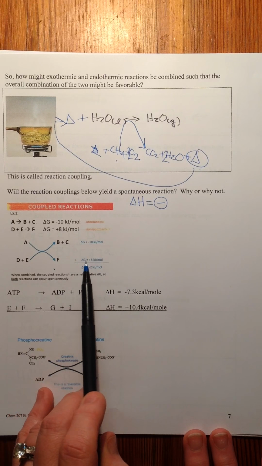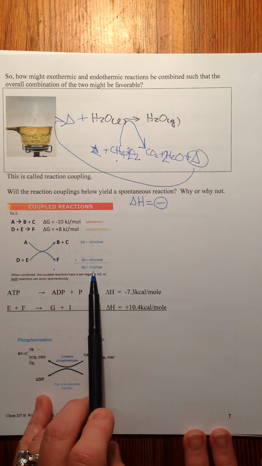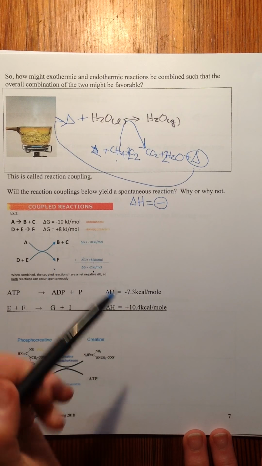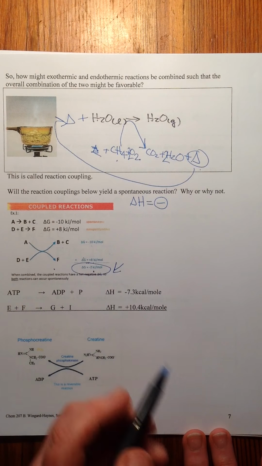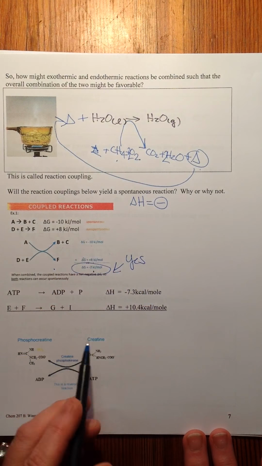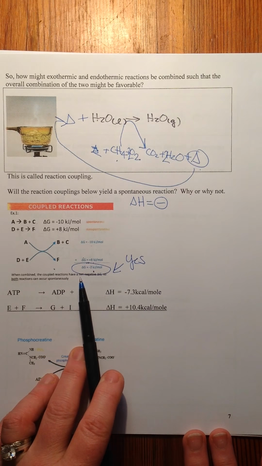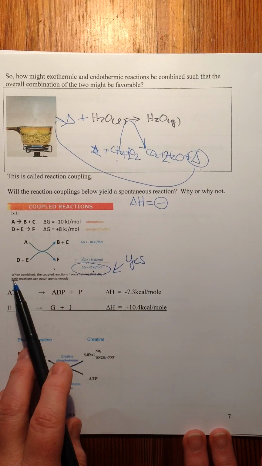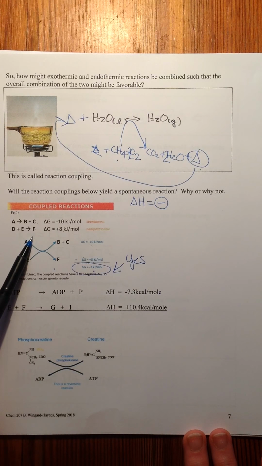This one's negative 10, this one's positive 8. When we couple them, we add them together, and it's negative. So if that's negative, this reaction will be spontaneous as written. And that's what it says. When combined, the coupled reactions have a net negative delta G, so both reactions can occur spontaneously. So this is a favorable coupling.